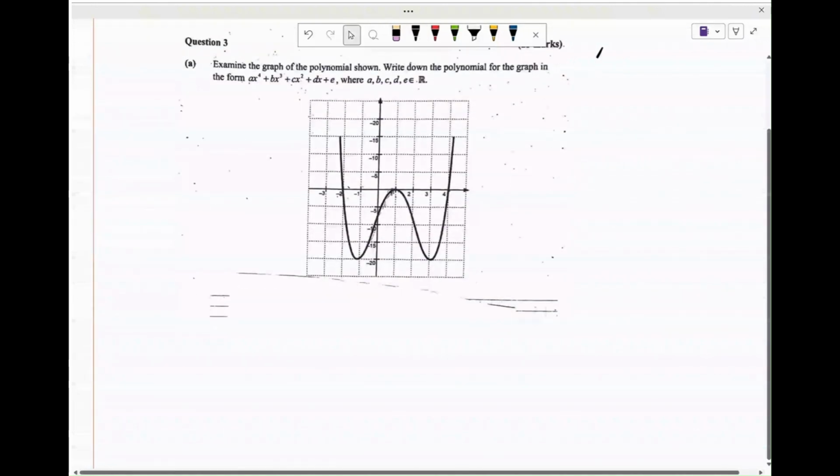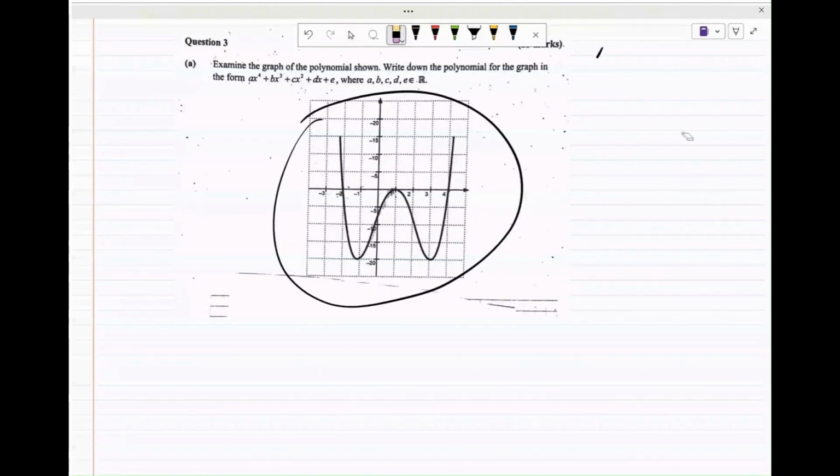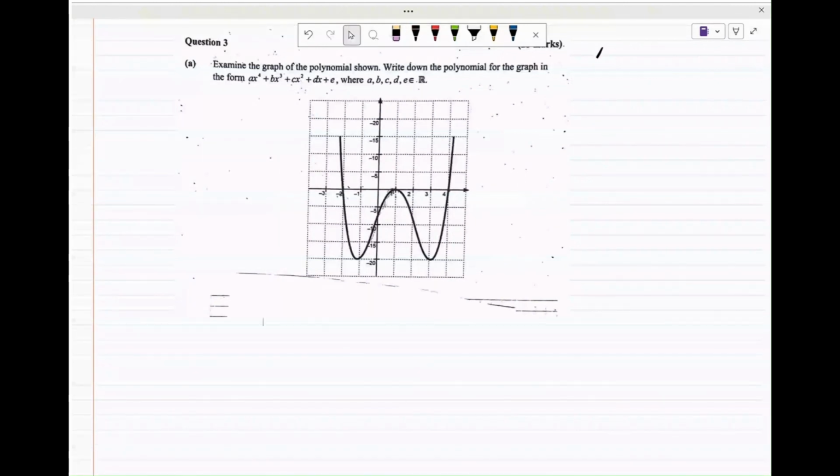But what I was saying before, what do we know about this graph here? Well, if we look at it, we can know where it crosses the x-axis, like I was saying before. And anything that crosses the x-axis is a root. So x equals -2 and x equals 4 are roots.